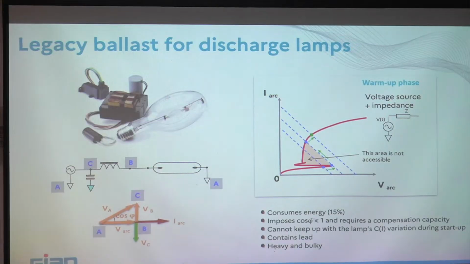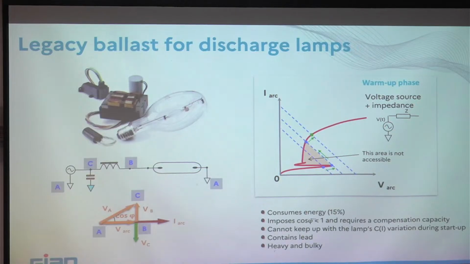The lifespan of the lamp for street lighting is maybe 4, 5, or even more years in some cases. The lifespan of the ballast itself is infinity. It's just an inductance, but the lifespan here is very limited, and it's very unusual that cities replace the capacitance every 2 years. They never replace it, in fact.